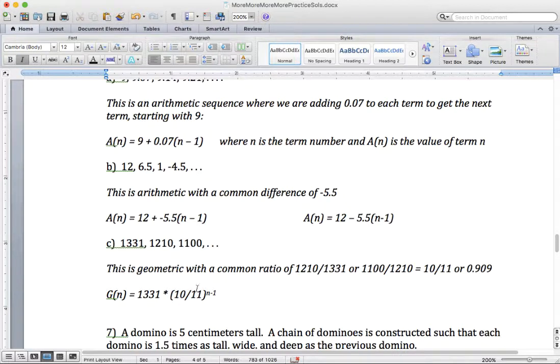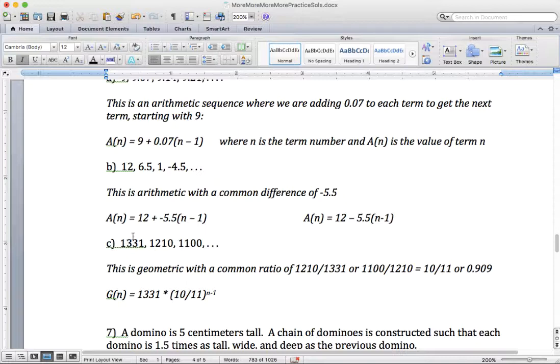So using the fraction, so I don't have any rounding error, I end up with 1331 times 10 elevenths, which is what I'm multiplying by each time, to the n minus 1 power, because by the time I've gotten to the nth term, I've multiplied my original 1331 by our common ratio 10 over 11.